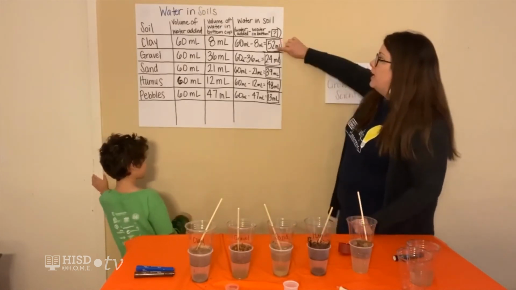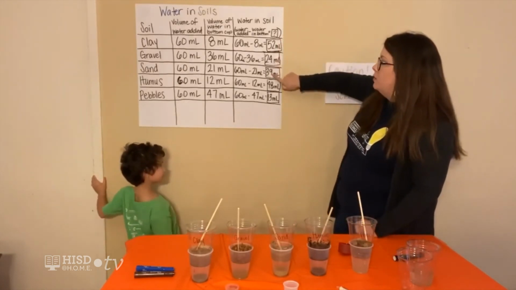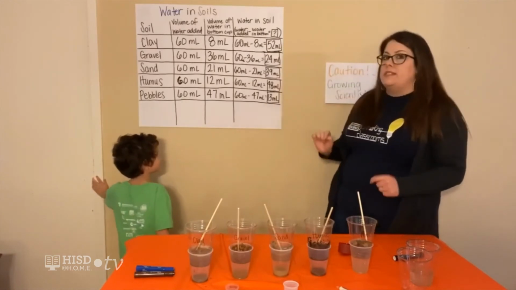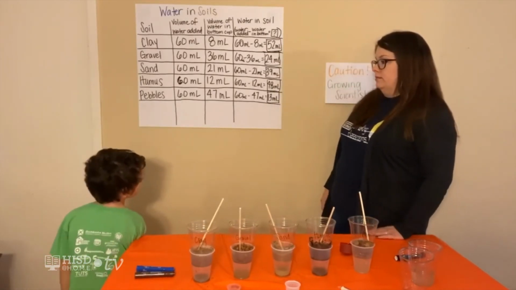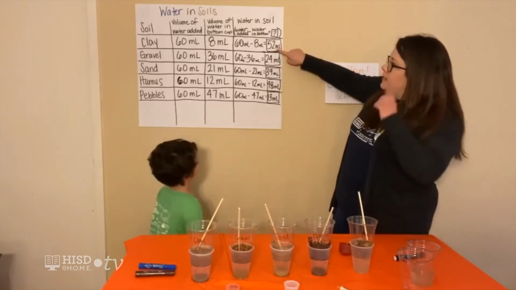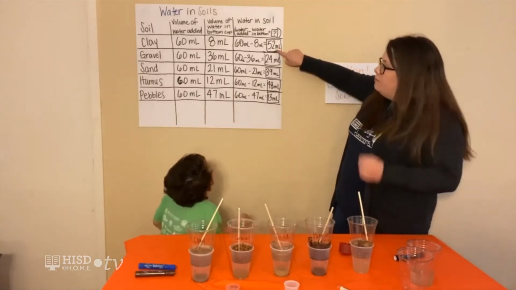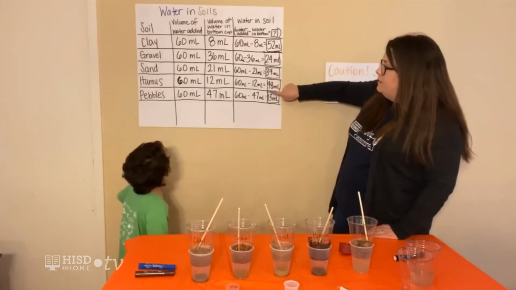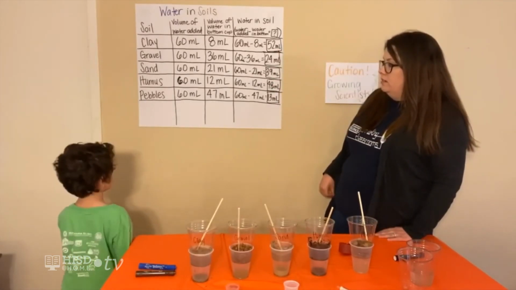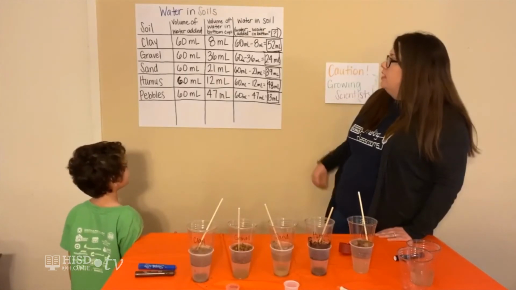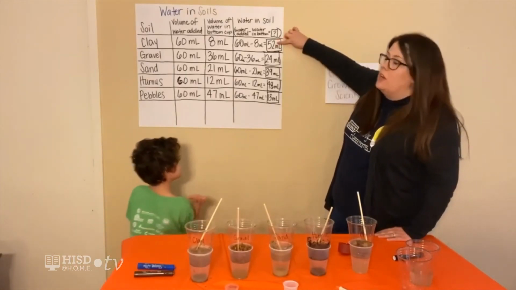So Maxwell, looking at these numbers that I put a box around, which soil still has the most water in it? Looking at these numbers, which soil would have the most water inside? Which of these numbers is the greatest? Clay. So 52 is our greatest number here.